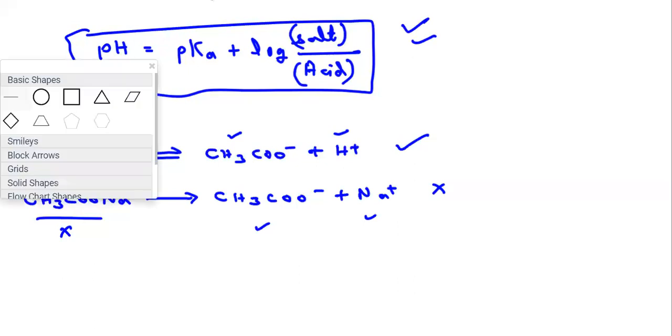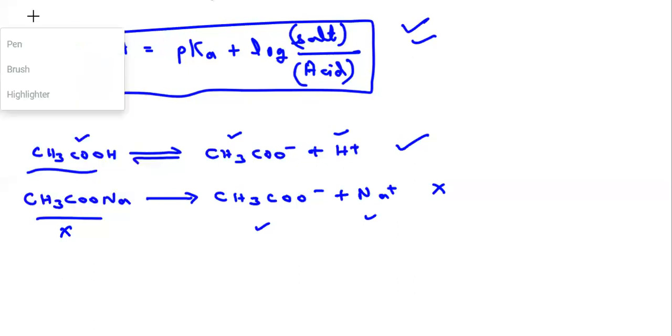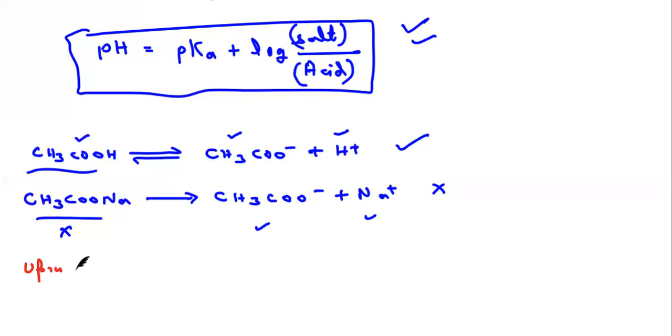Okay. But now, if you are trying to put a small amount of acid in it, so upon addition of a small amount of acid, of course that would give you the H plus ion, right? If you add a small acid, H plus, in the solution we will have the ion CH3COO minus.